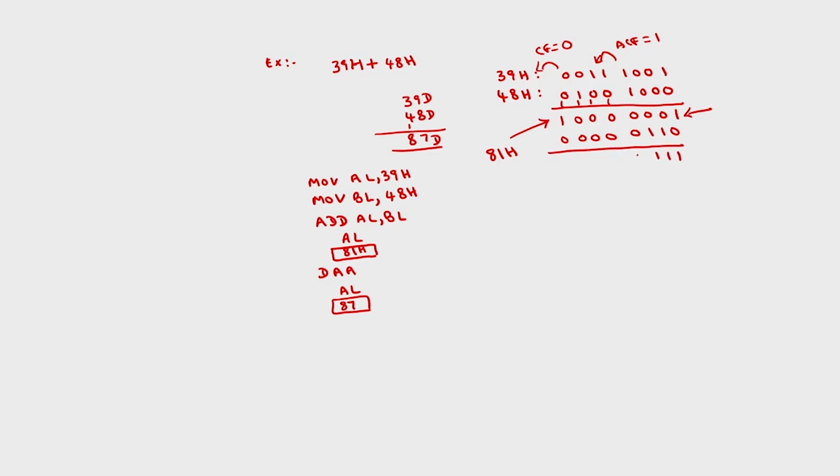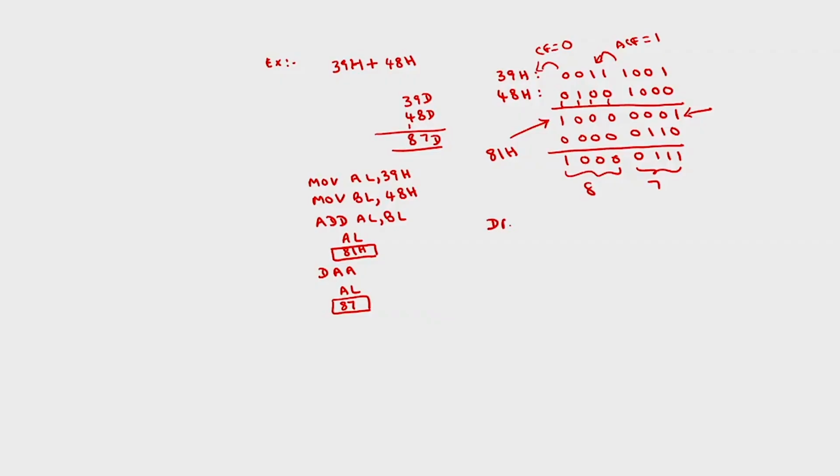So you can see that after addition you will get 1110 0001. So this is 8, this is 7. This is how we can use the DAA instruction. Whenever you want to perform BCD addition or even BCD subtraction, there is another instruction. For BCD addition, if you want to adjust the result as a BCD result from the hexadecimal, we can use the DAA instruction.